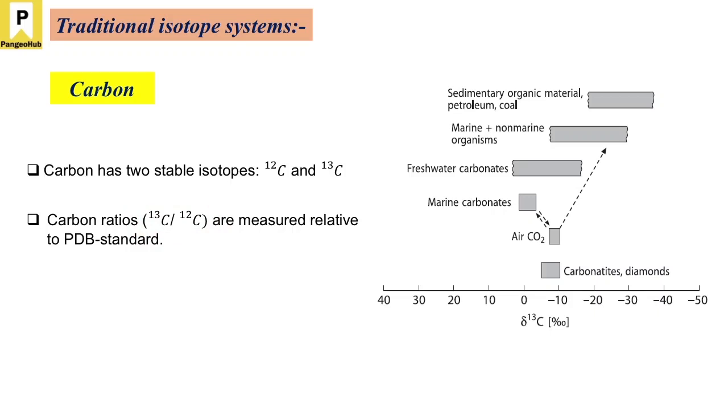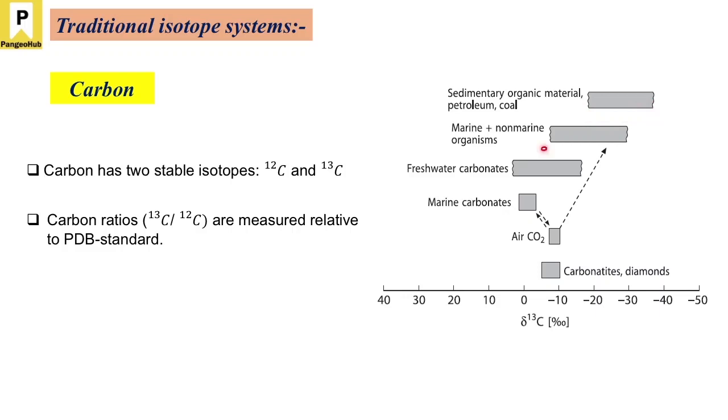So this carbon 13 varies from around 15 to 35, 38 in sedimentary or petroleum, coal, organic materials.